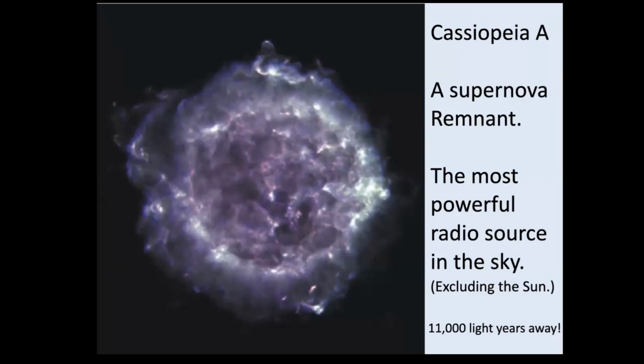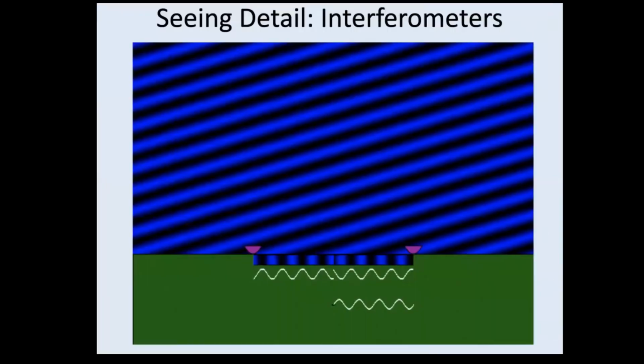So what we needed to do in radio astronomy is get much, much finer detail. And the way to do that, which was really the specialism of Martin Ryle's group at the Cavendish Laboratory, they became virtuosos of using a technique called interferometry.